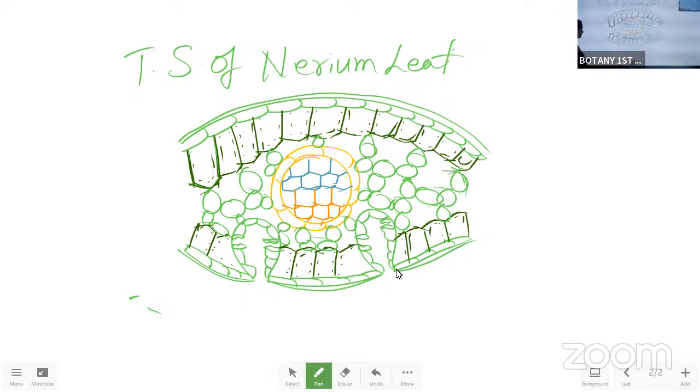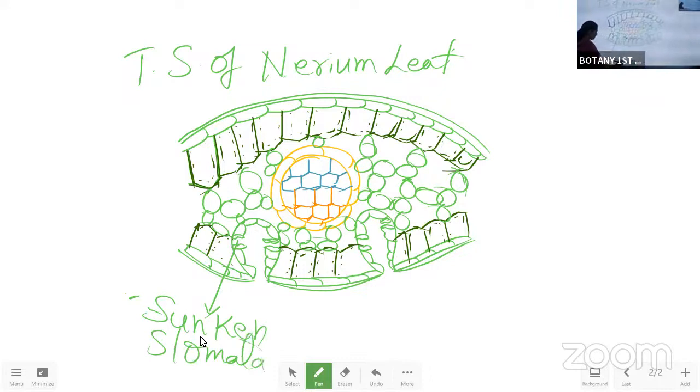Like that. So these are the sunken stomata. What we said in the point and what we have shown are both related.